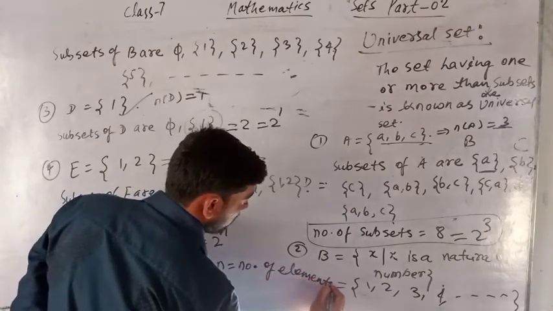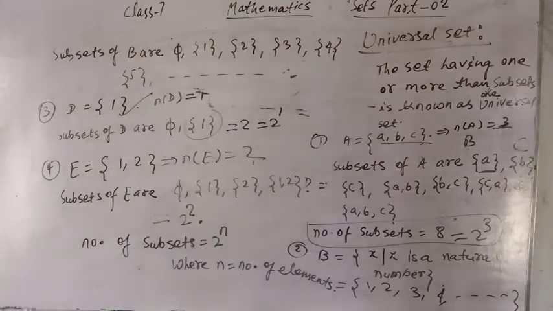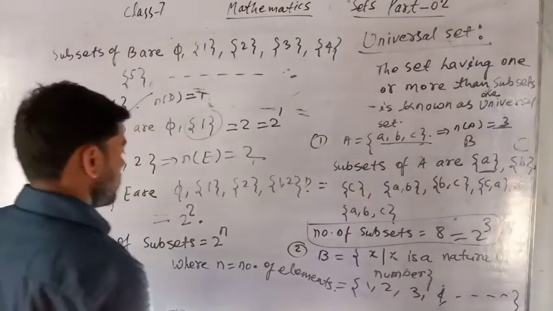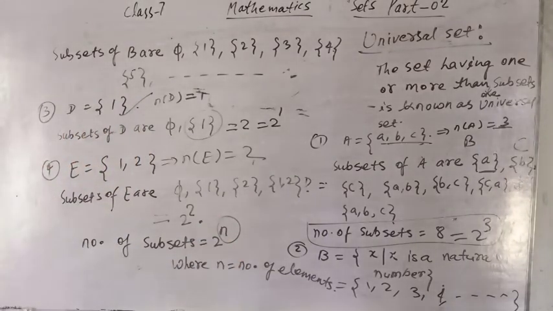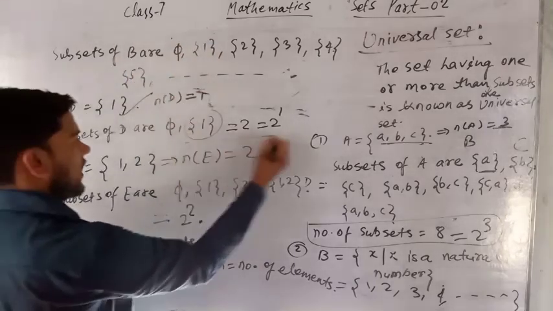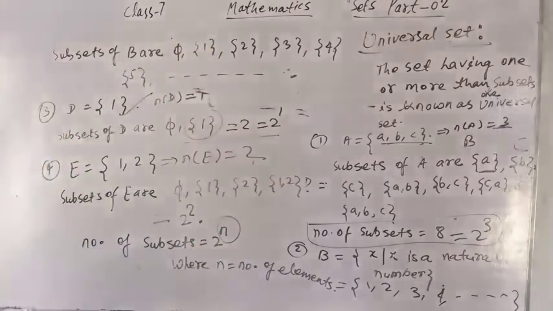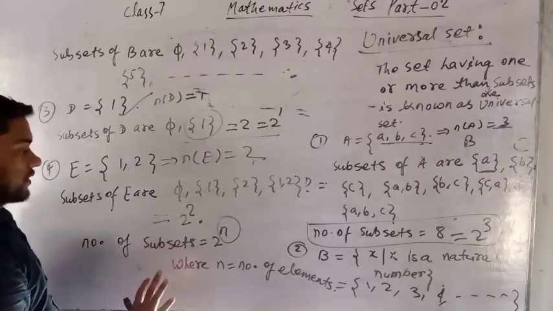So without writing the subsets, you can find the number of subsets if the number of elements is known. It means if the set is finite, then you can find the number of subsets.